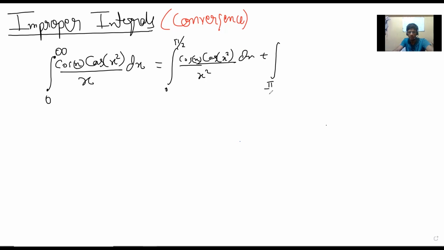Then, less than or equal to, is it true when it's negative also?